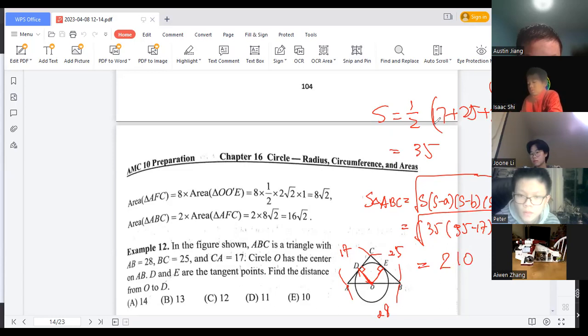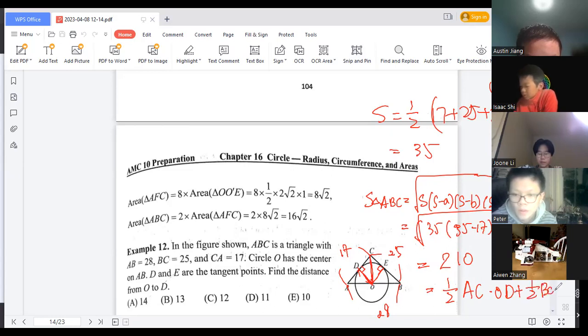Now I'm going to connect OD, OC, and OE. So the area of triangle ABC equals what? Half of AC times OD plus half of BC times OE, right?